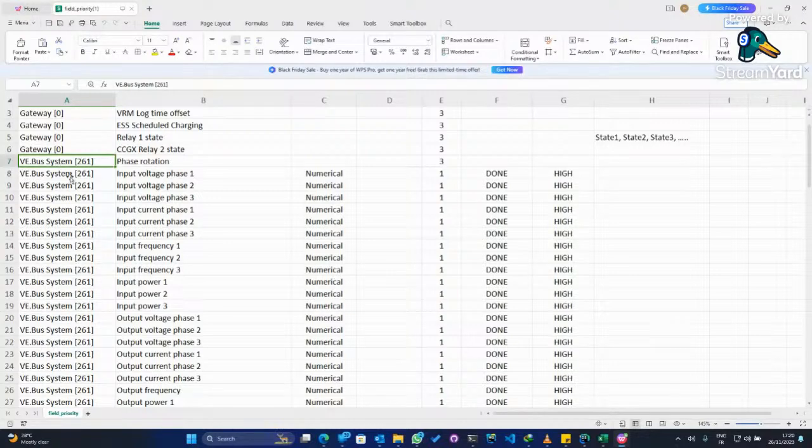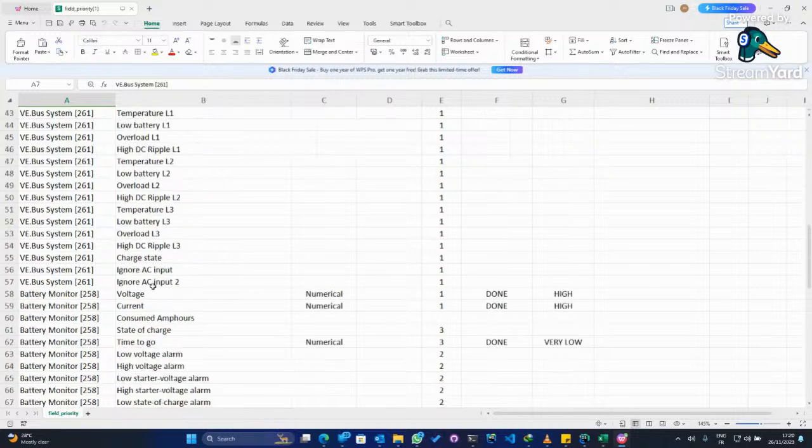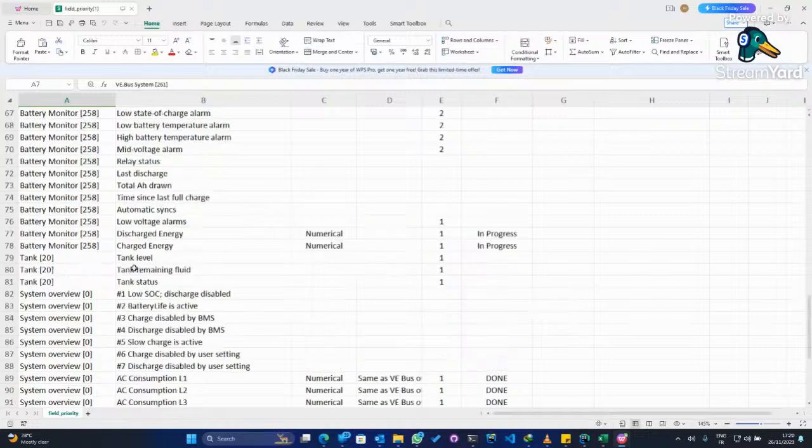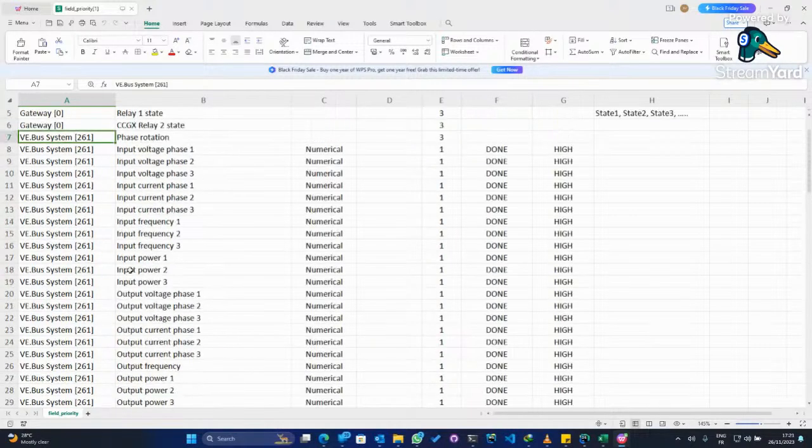The VE bus system and the system overview here may have similar values, depending on the time and on what power source is powering the hub site at the moment.